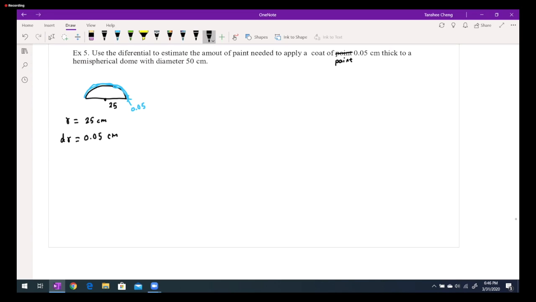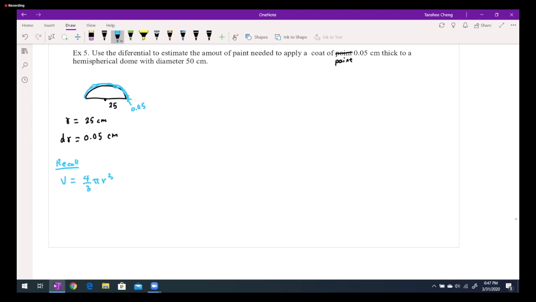So now the question is, do we remember the volume of a sphere? Here's a recall. The volume of a sphere is 4/3 pi r to the third power.